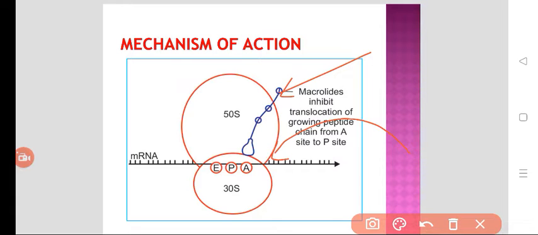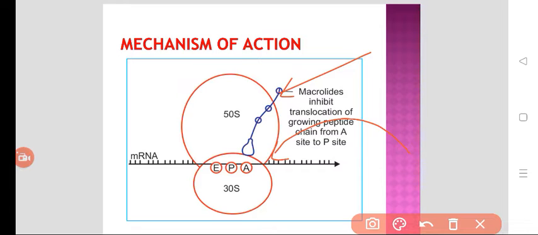For the growing peptide chain, we continuously require new amino acids for its growth, but when azithromycin binds to the 50S ribosomal subunit, it inhibits the translocation of the A site to the P site.